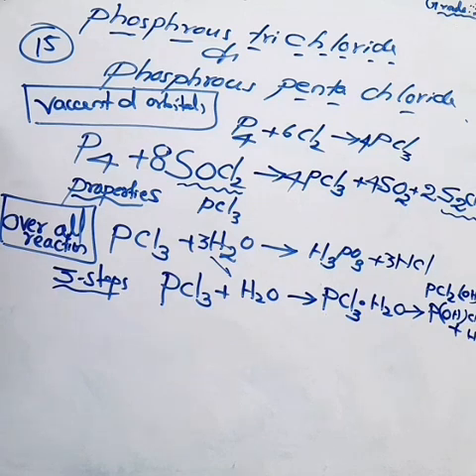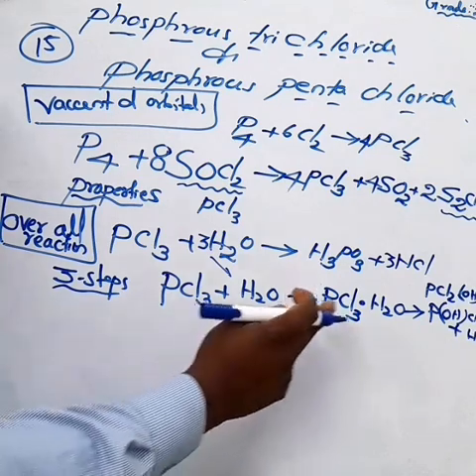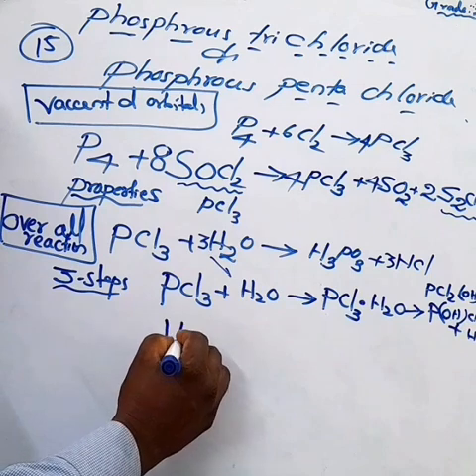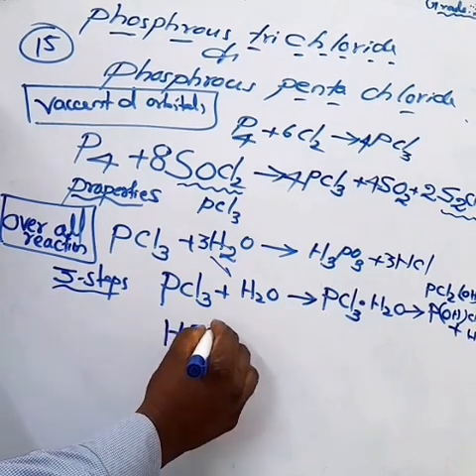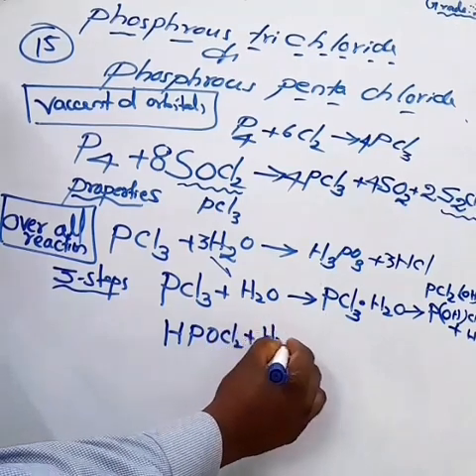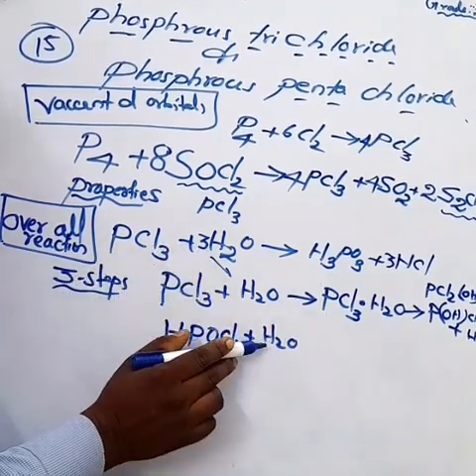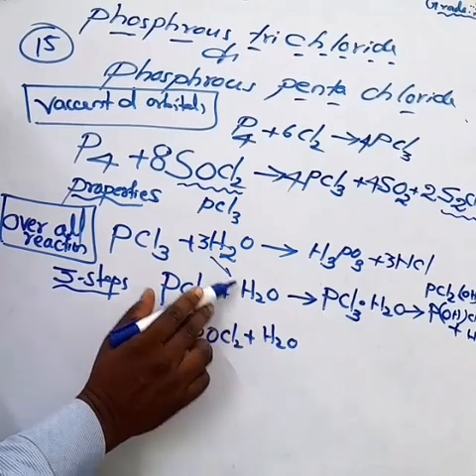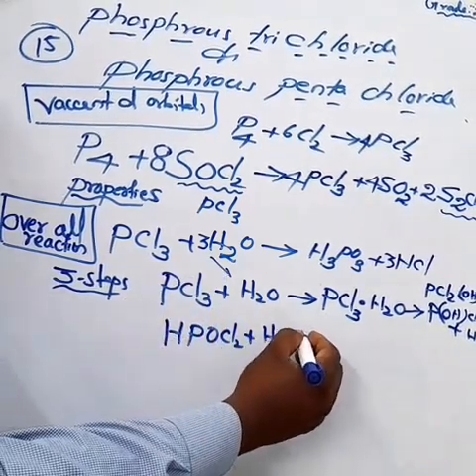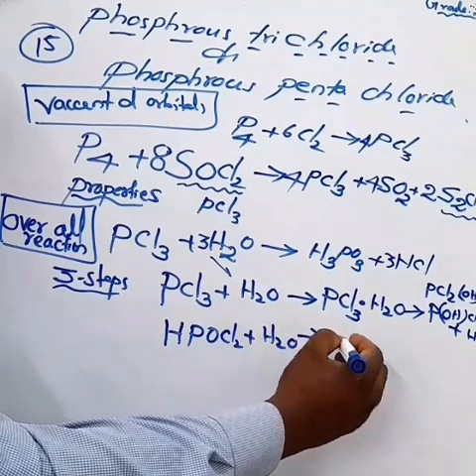Next, this product reacts with water, the second water molecule. That means in the previous first equation, one water molecule reacted with the PCl3. So the second water molecule again reacts with the phosphoryl chloride, and we get another phosphorus compound.